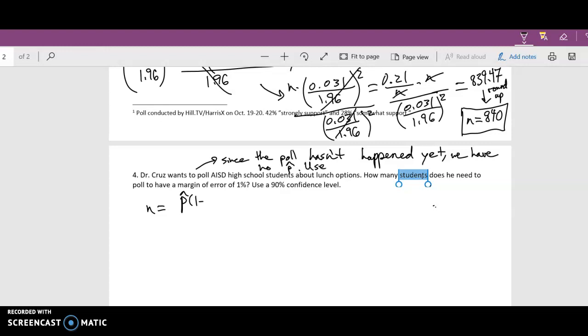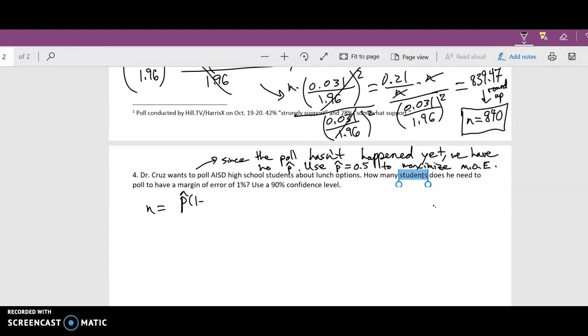So we're always going to use the most conservative value of p hat we can find, which is 0.5. That's going to maximize, this is worst casing, the margin of error. The closer p hat is to a half, or 0.5, the bigger the margin of error is.